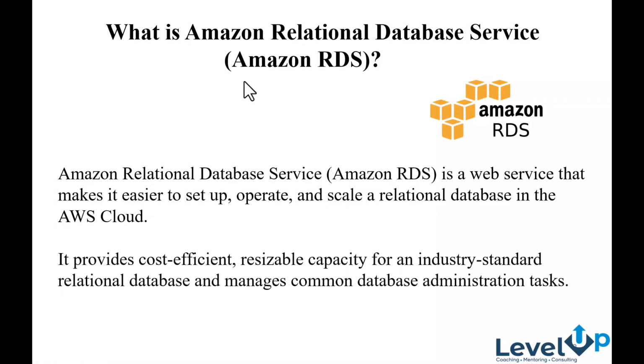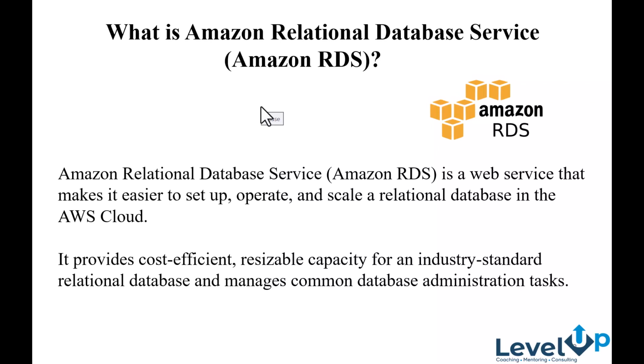Now, what is RDS? RDS is a service that Amazon offers to create relational databases. Amazon Relational Database Service is a web service that makes it easier to set up, operate, and scale a relational database in the AWS cloud.